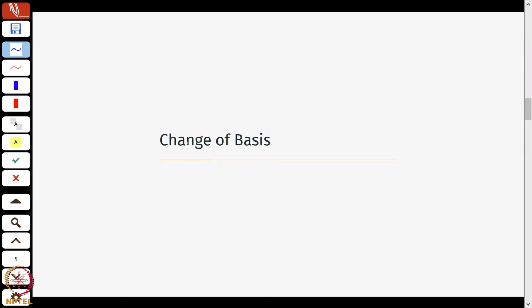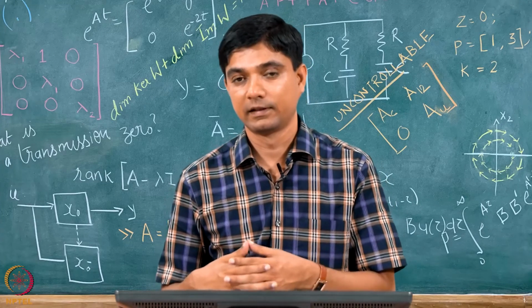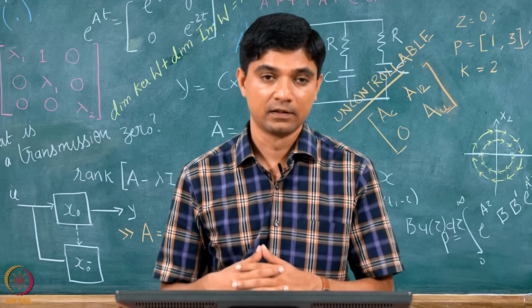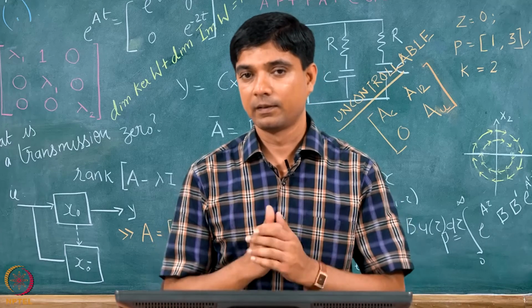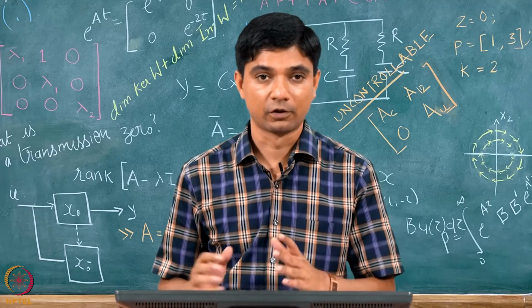Something which is important, and we will revisit this concept a lot of times during the next few weeks of lectures, is called the change of basis. If you remember a bit of state space analysis, if you do not remember, it does not matter, we will do it all over again.